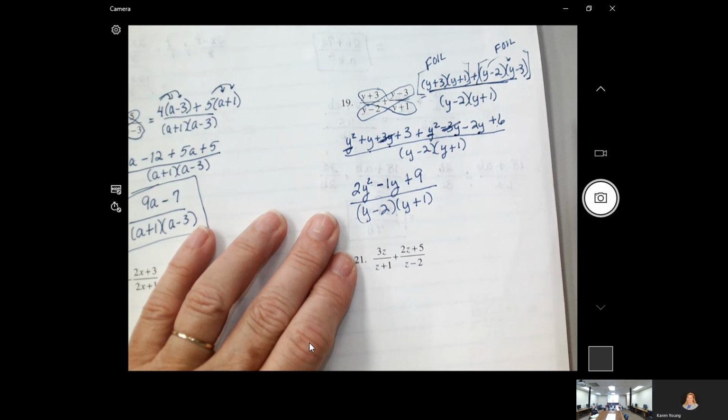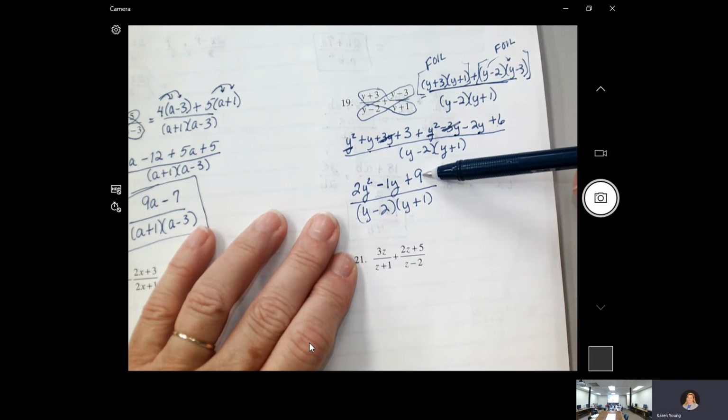Do you have to factor the top? If you can, you're supposed to. I was trying to do it in my head to see if this one factors. I don't think it does. Because if I use the AC method, 2 times 9 is 18.